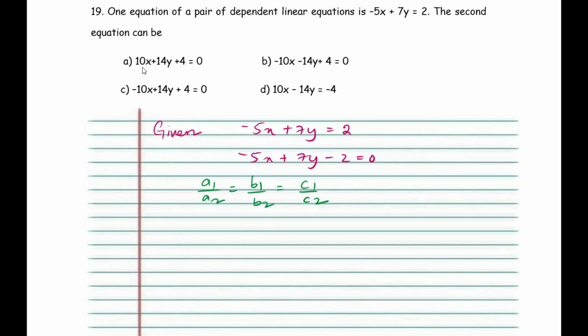If I check option A, it is wrong. If I check option B, here it is plus, there it is minus, so it is wrong. Therefore the correct equation is option D.